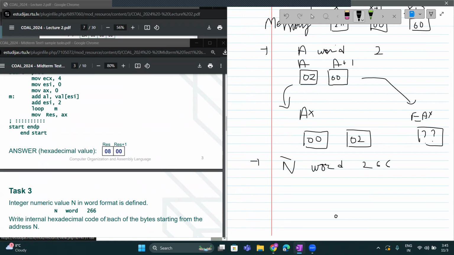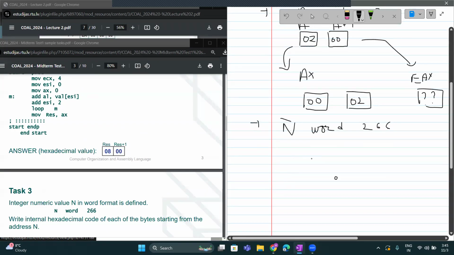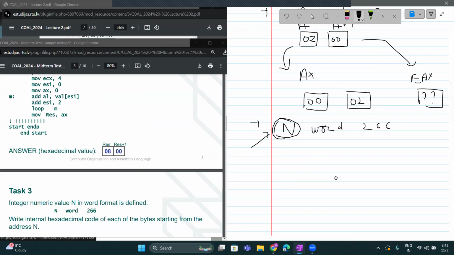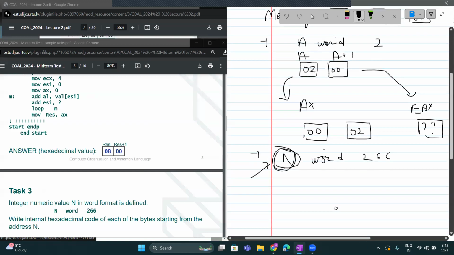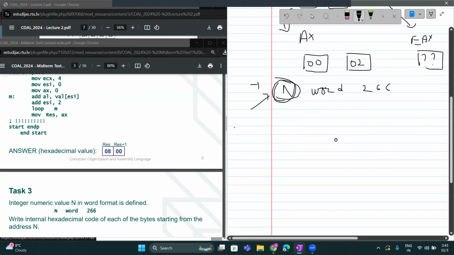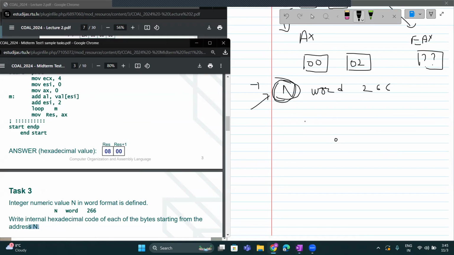Write the internal hexadecimal code. So this is in memory, as it is a variable. Whenever we define something, it's always saved in memory. So 266, in hexadecimal, starting from the address n.